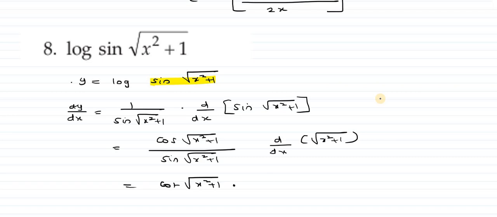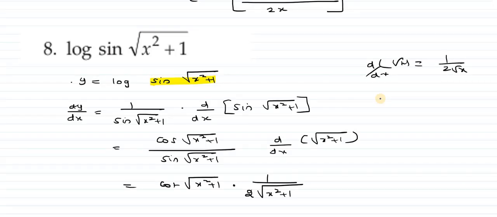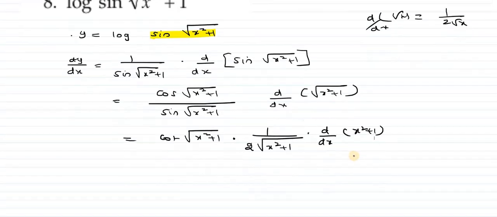But differentiation of this is what? Differentiation of root x is 1 by 2 root x. The same method, 1 by 2 root x square plus 1. But we have to differentiate x square plus 1. Correct or no? By this time, I hope all of you have got that.